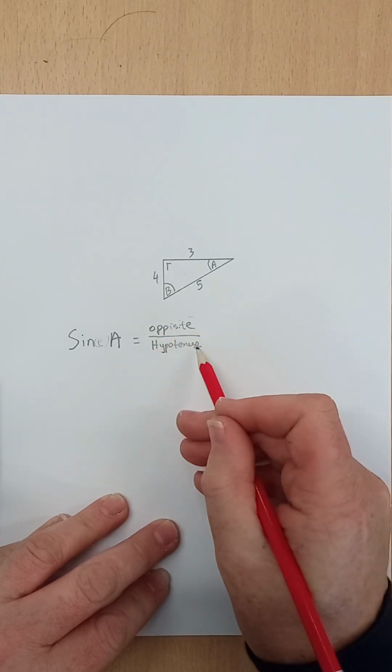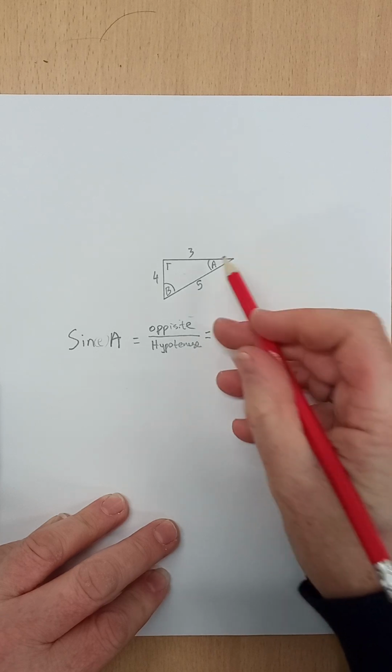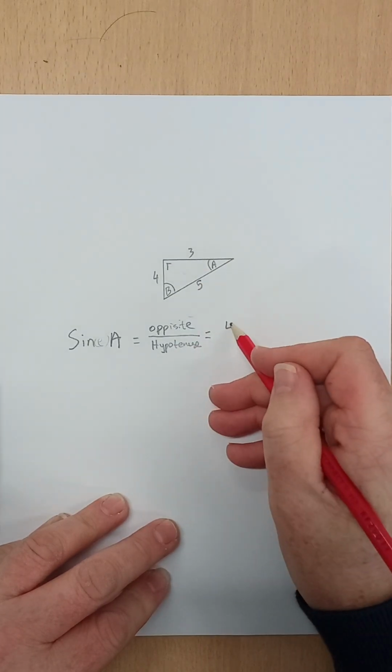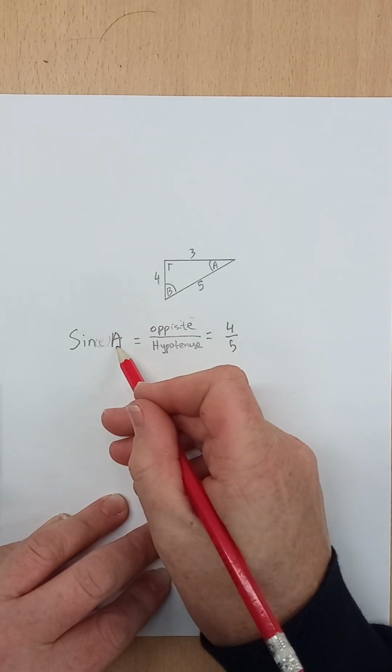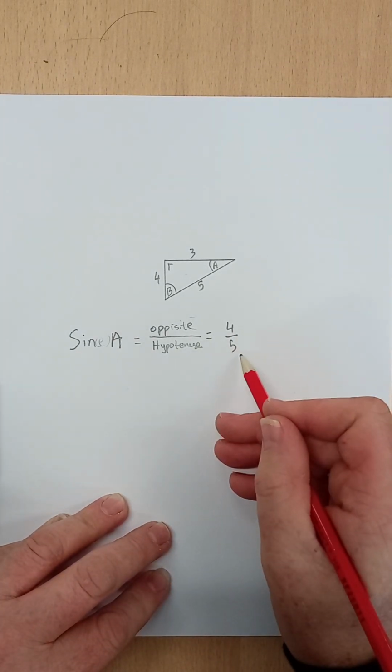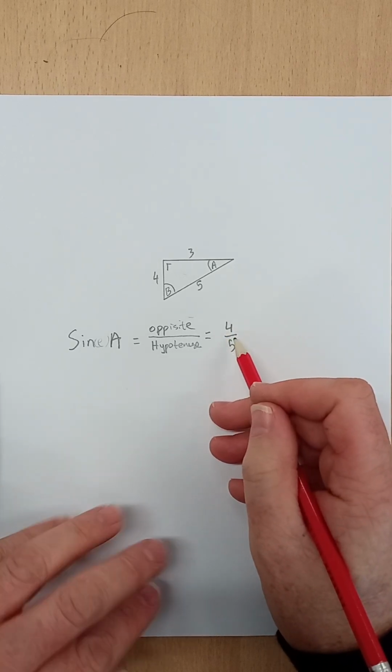So opposite over hypotenuse. I just need to know what those 2 lengths are and I'll get a fraction. The length opposite is 4 and the hypotenuse is 5. So the sine of the angle at A is 4 over 5. And that will be your answer. Never give it as a decimal, just keep it as a fraction.